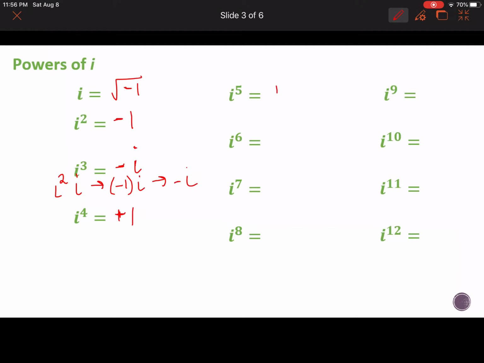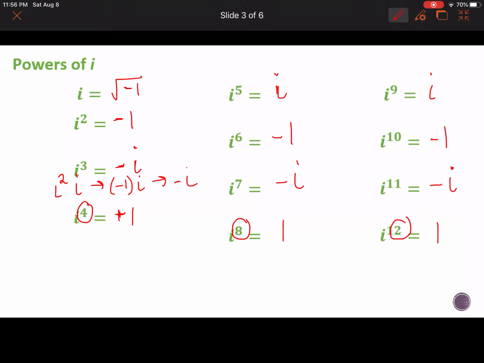So the rotation goes i, negative 1, negative i, positive 1. Again, i, negative 1, negative i, positive 1. Anything with an exponent that is a factor of 4 is going to equal 1.